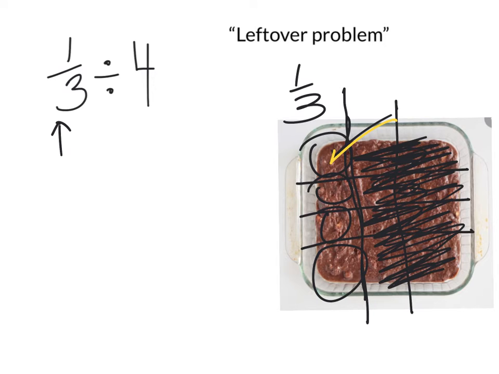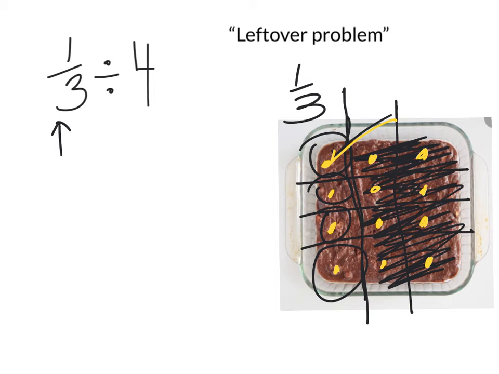It's kind of weird to say it that way, but if you look at this picture and how it's been broken down, I'm going to use some dots here. If I put dots on what would have been pieces or slices of brownies, I could see that originally there were 12 sitting there.